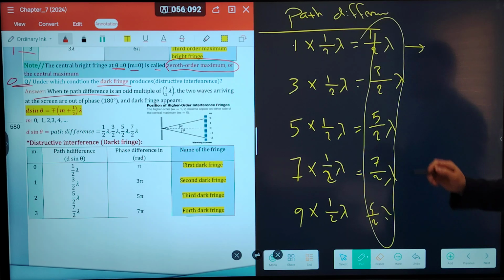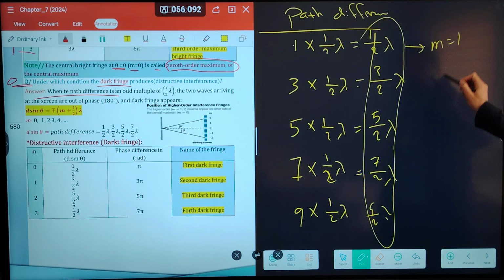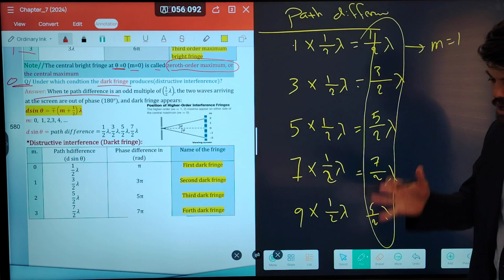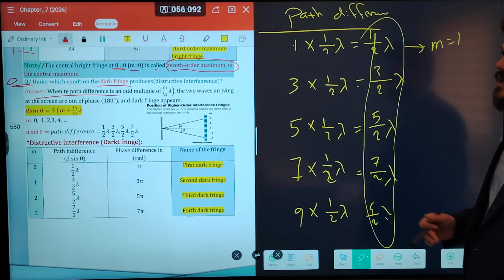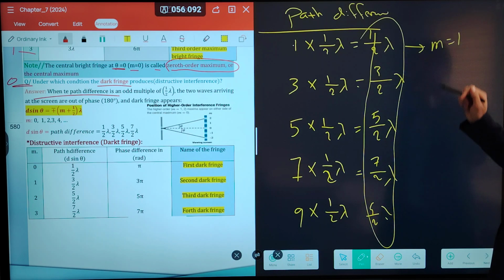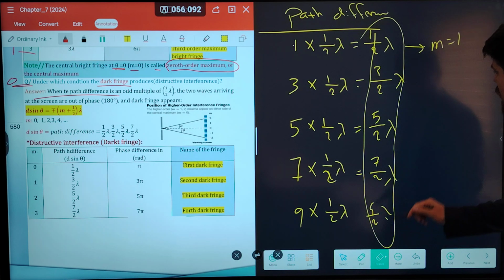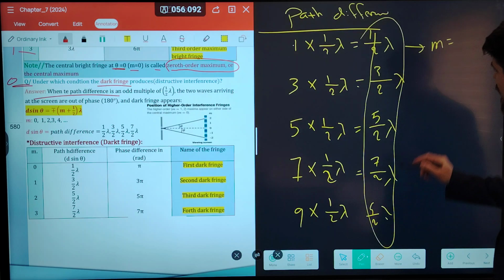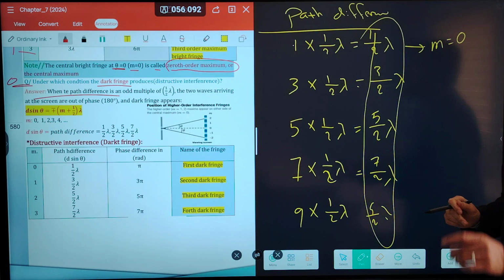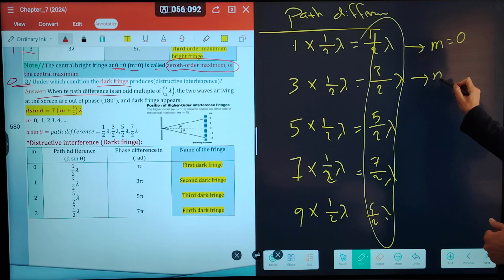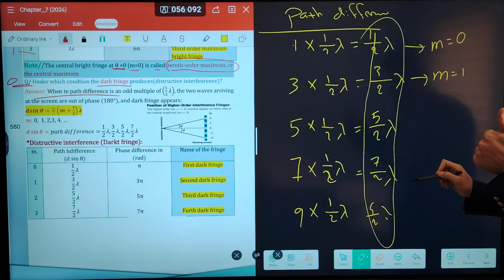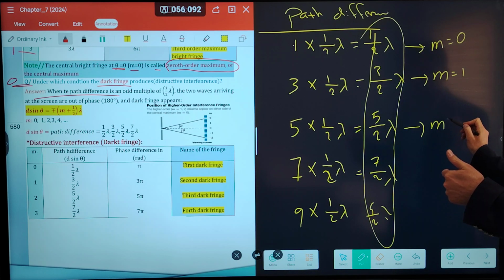When does this dark fringe occur, M is equal to what for this one? M is equal to 1? Because for the dark fringe, we don't have M0? No, because the dark fringe does not locate at the center of the screen. This is called the first dark, sorry, M0, not 1. First dark, M0. This one. Second dark, M1. This one.